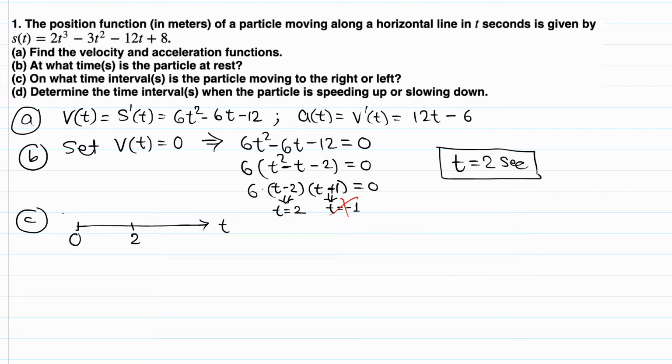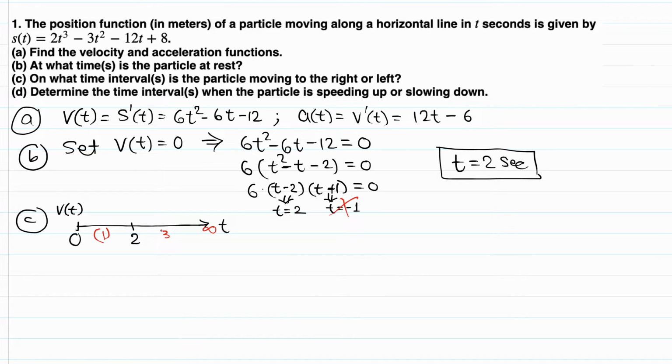Now we test the sign of velocity in these two intervals. We need to pick a representative between 0 and 2 and plug it in here. Same thing for 2 all the way to infinity: pick one representative and plug into v. We can pick t equals 1 and t equals 3.